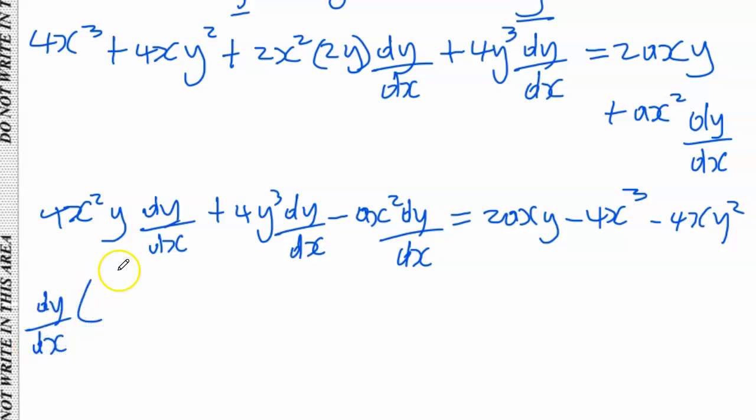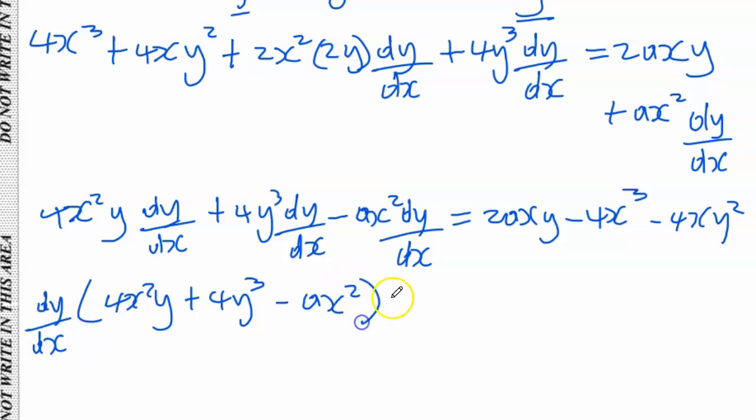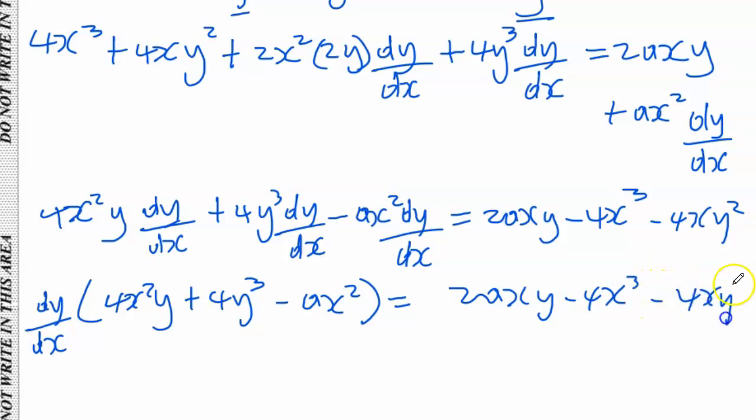So we are left with 4x squared y plus 4y cubed minus ax squared. And on the right, just restate this. So 2axy minus 4x cubed minus 4xy squared.